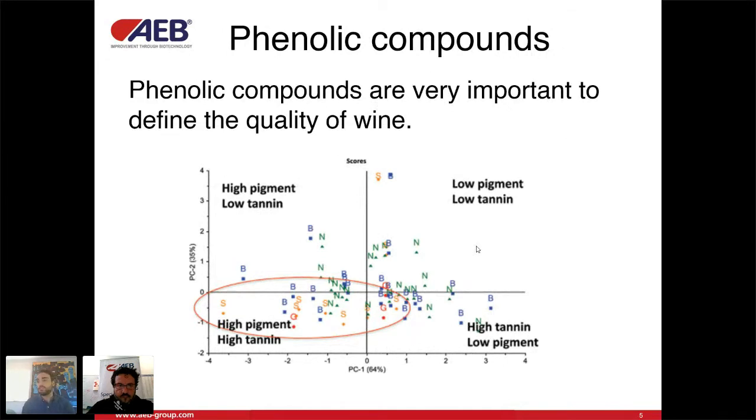The first thing to notice is that phenolic compounds are very important to define the quality of the wine. In this graph, we can see it's about a Pinot Noir, and G is gold, S is silver, and B is bronze. High pigmented and high tannic wines are the ones that receive more scores, so have higher quality.